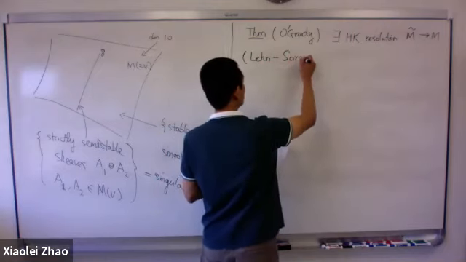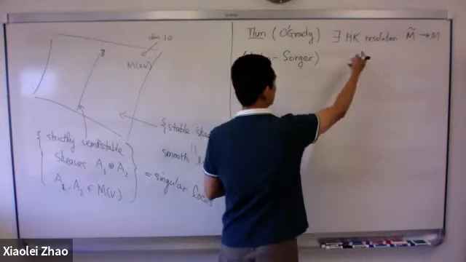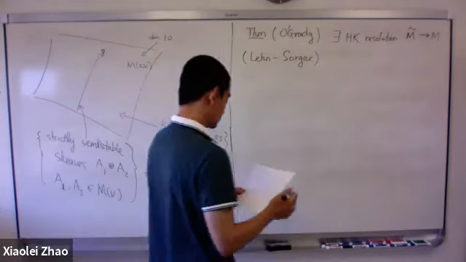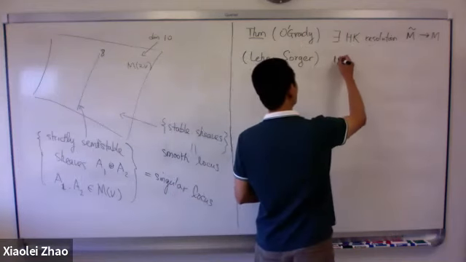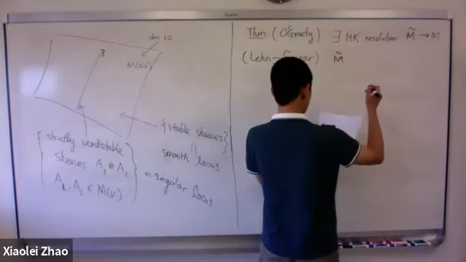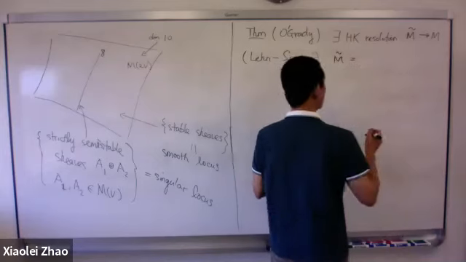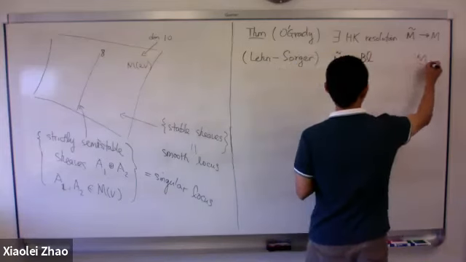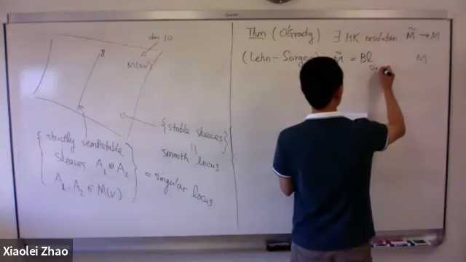So we have to go through the so-called curve resolution of this GIT and so on and so forth. And later, Lehn and Sorger provided actually a simple description of this resolution. So the resolution is just the blow up of this M along the singular locus.